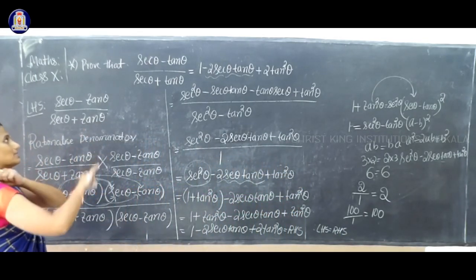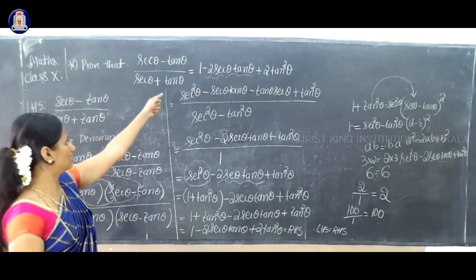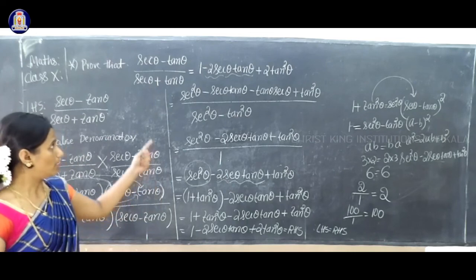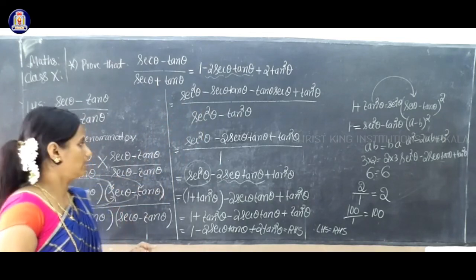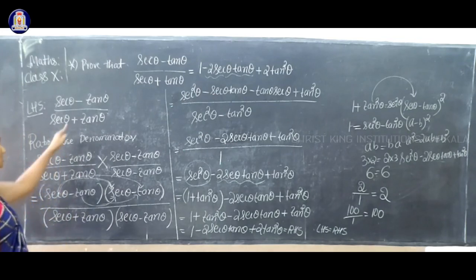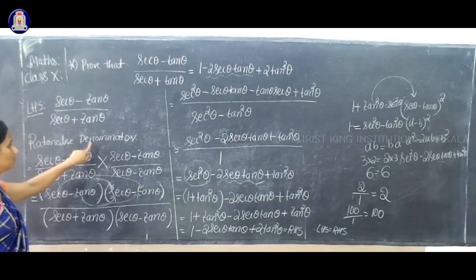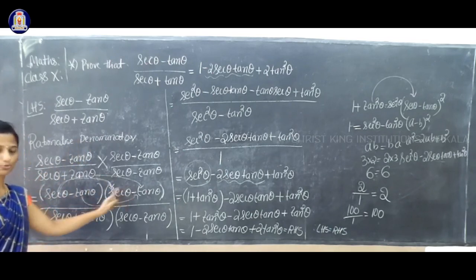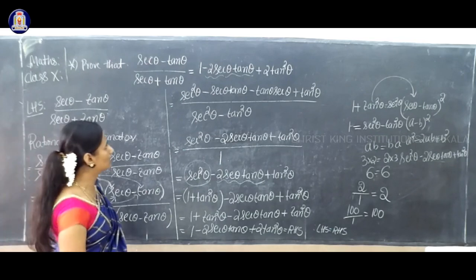Secant theta minus tan theta divided by secant theta plus tan theta is equal to 1 minus 2 secant theta tan theta plus 2 tan square theta. See, it is division, which means rationalize the denominator. Next multiply bracket to bracket, and the denominator uses the a plus b, a minus b formula.